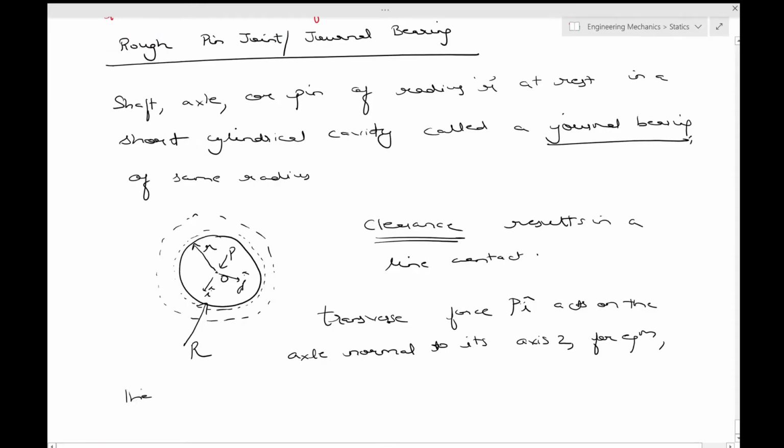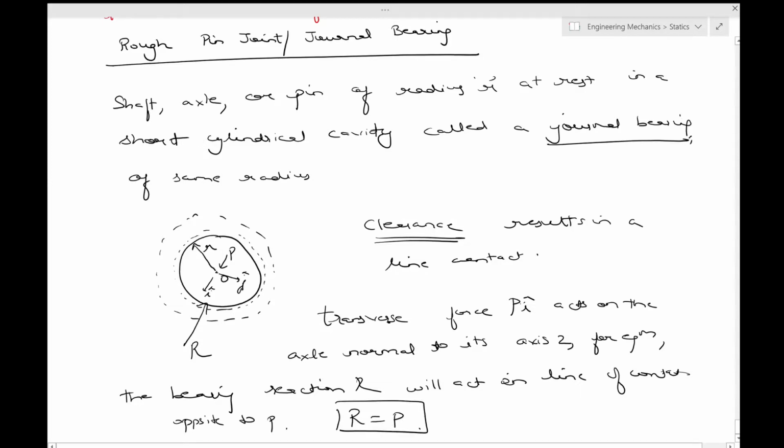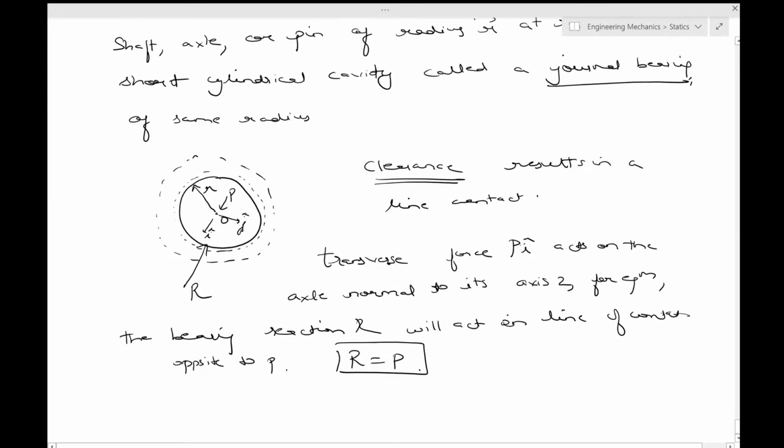Then the bearing reaction R will act on the line of contact opposite to P. So R will be equal to P. So this is where the contact happens in this particular way. This inside the screen or outside the screen will be the line of contact.